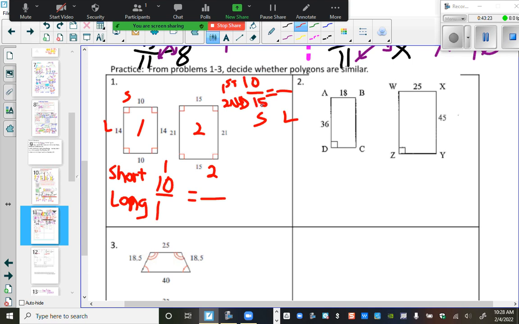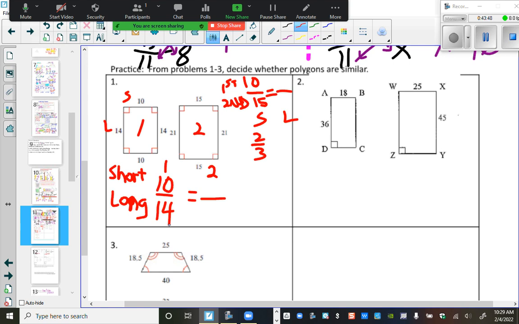So you compared the shorter side from the first one to the shorter of the second one. That's fine too. You did it right. You can go that way. And you're right, 10 over 15 becomes 2 over 3. I'm okay with that. Now, some of us might have said shorter, longer, 10 over 14.